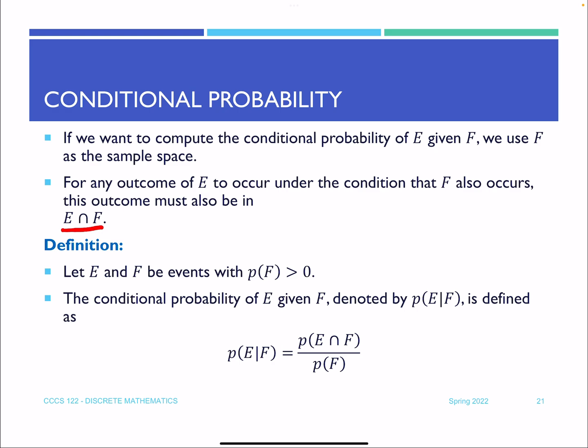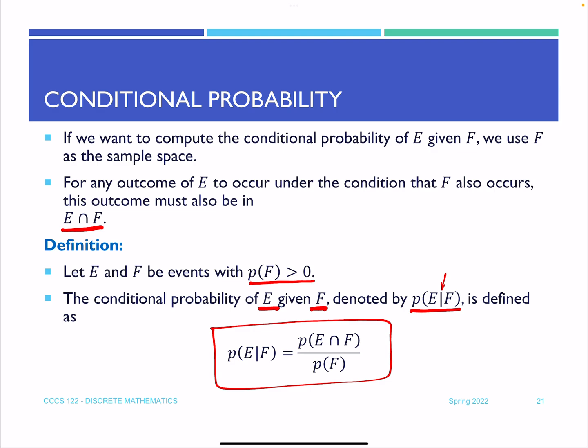So let events E and F be events that have non-zero probabilities. The conditional probability of E given F is denoted like this: P, probability of E, and then we use this half-pipe character, E given F. And that's how we read that, probability of E given F. And its mathematical definition is this equation over here.